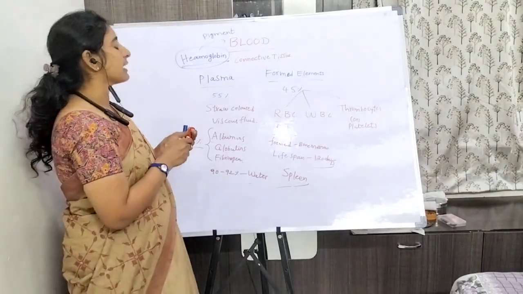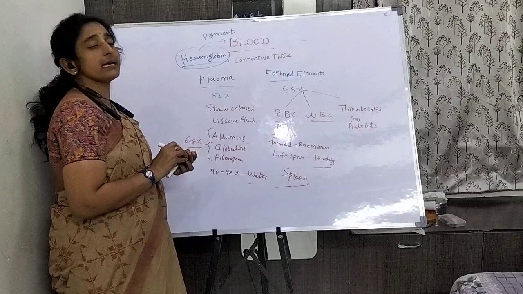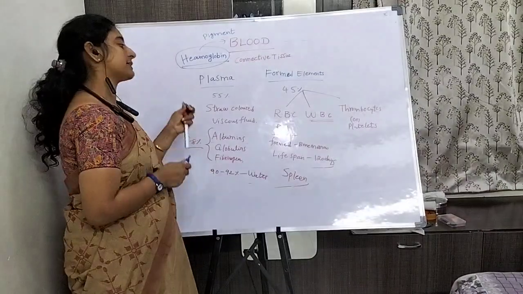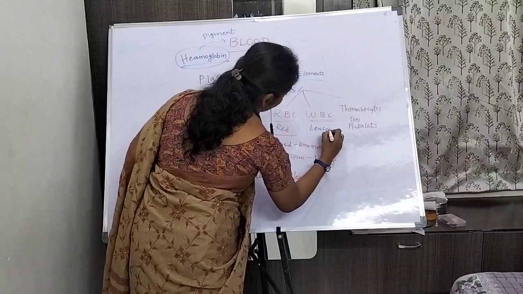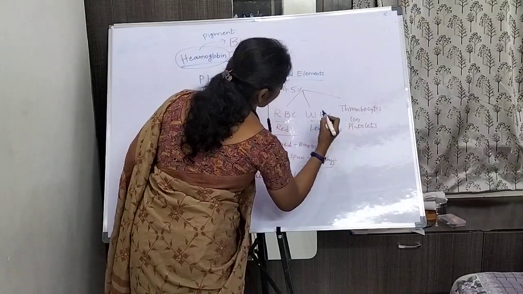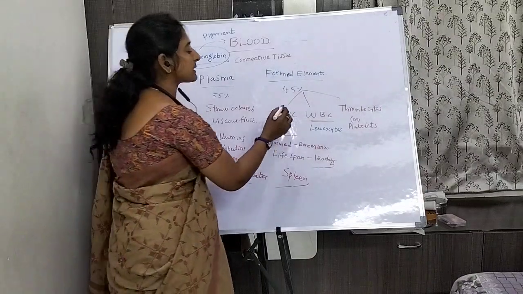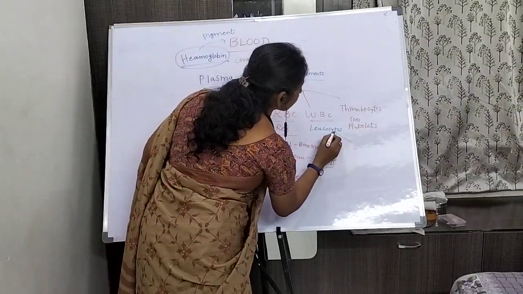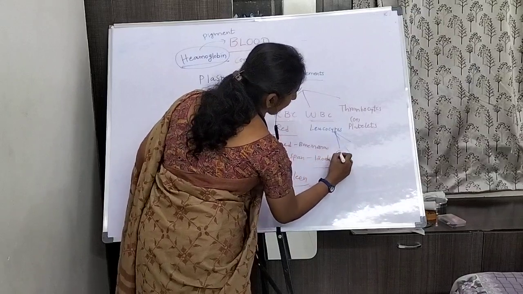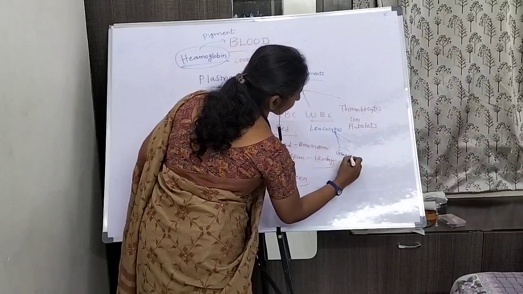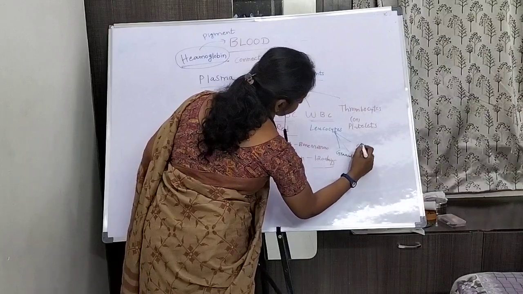Another one is WBC, white blood cells. Another name for white blood cells is leukocytes. There are two types of cells: granulocytes and agranulocytes.